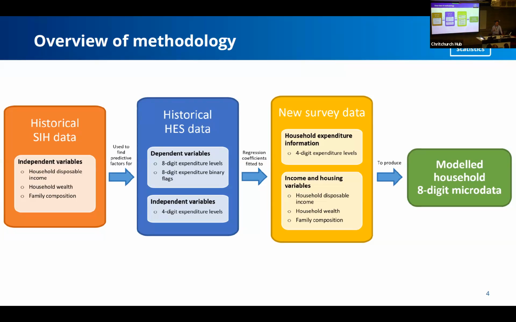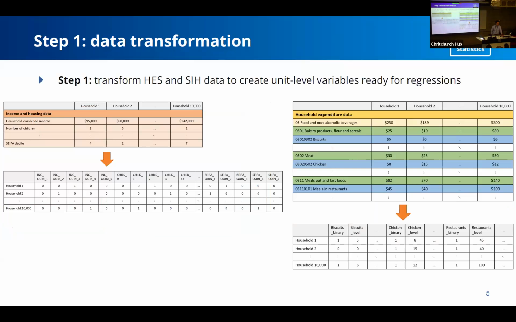So we're looking at what's the relationship between income and housing variables and household expenditure. We're looking at historic data to do that. We then are going to fit those relationships to new survey data in order to produce our modeled 8-digit microdata, 8-digit being those green rows from the earlier slide.